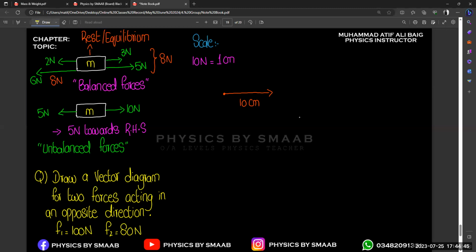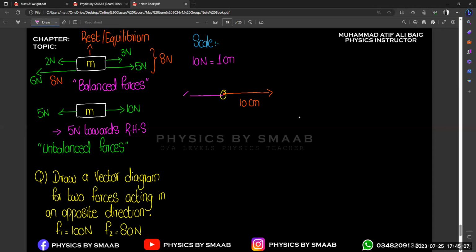So we can easily identify the direction, because they need to give you the specific direction. Otherwise, the student may solve it in their own way, right? So in this question, it is only mentioned that we need to draw in the opposite direction. So I choose 10 centimeters on the right and 8 centimeters on the left.